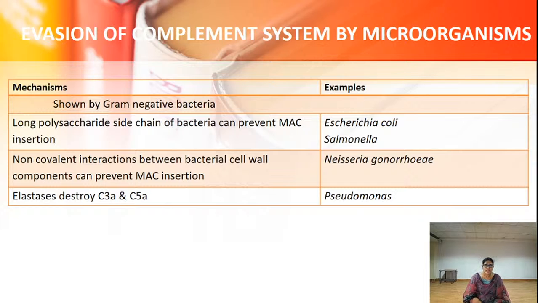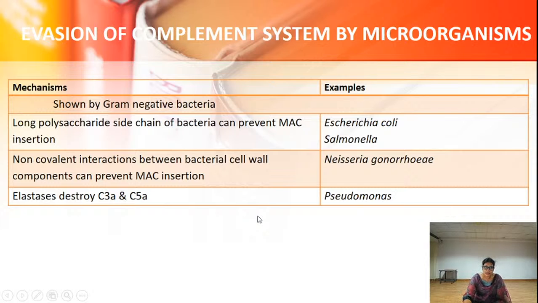Coming to the evasion mechanisms of the complement system by microorganisms: these complements will kill the microorganism because they form the pathways and kill the target cells. To prevent that, microorganisms have certain mechanisms. Escherichia coli and Salmonella have a long polysaccharide chain, so it prevents the MAC insertion. Neisseria gonorrhoeae also has a covalent interaction, so that it cannot accommodate the MAC.